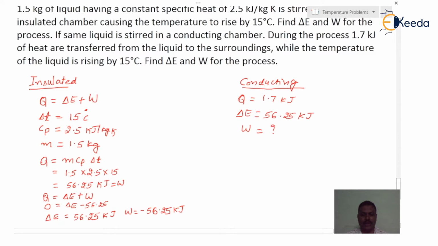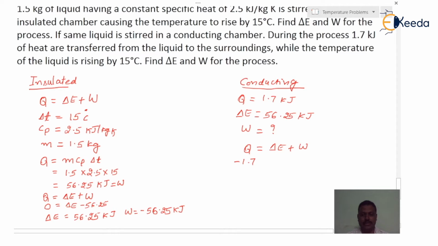For that we have the formula Q equal to delta E plus W. Here Q is minus 1.7 kilojoules.